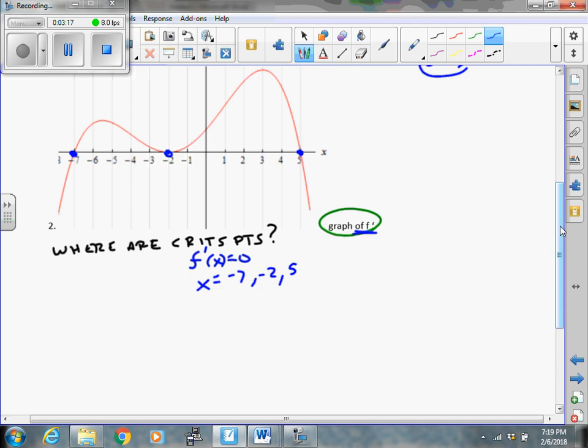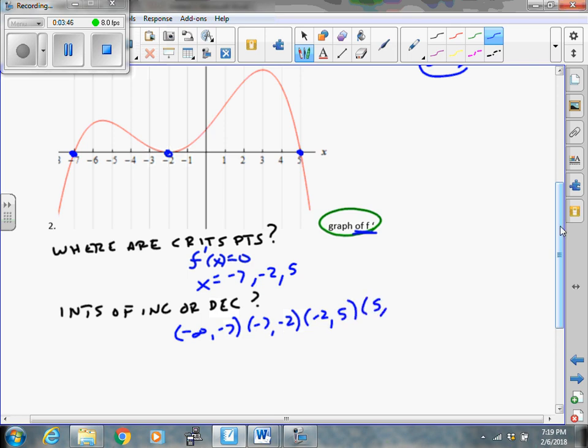Now another question they can ask you is intervals of increase or decrease. So just like we always do, you want to break up your universe into these intervals. So negative infinity to negative 7, negative 7 to negative 2, negative 2 to 5, 5 to infinity.